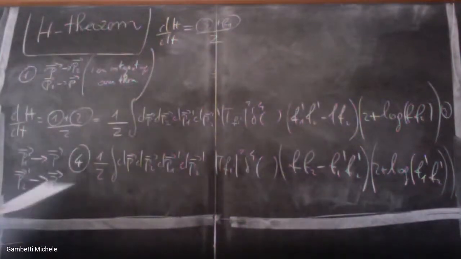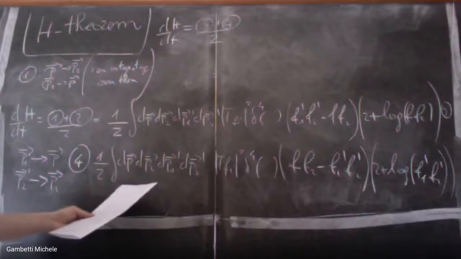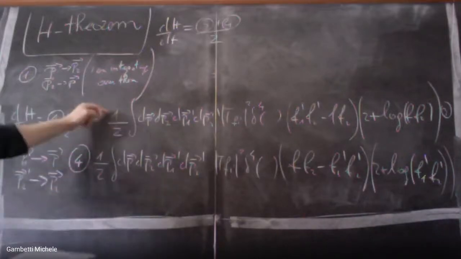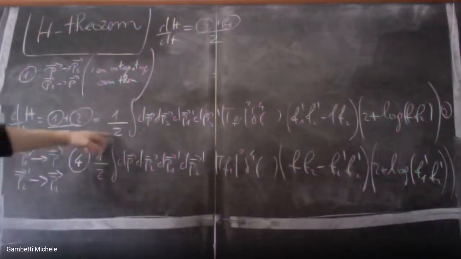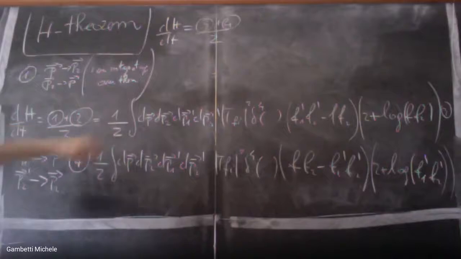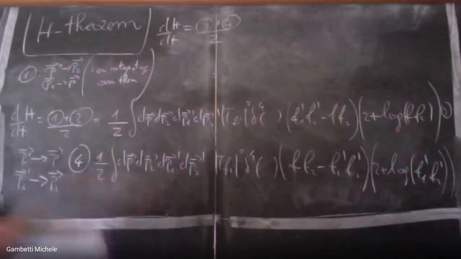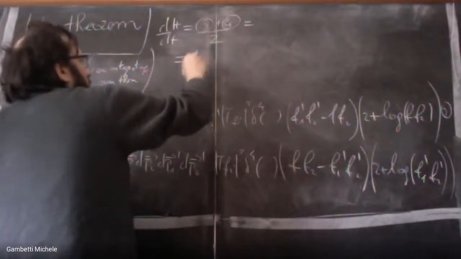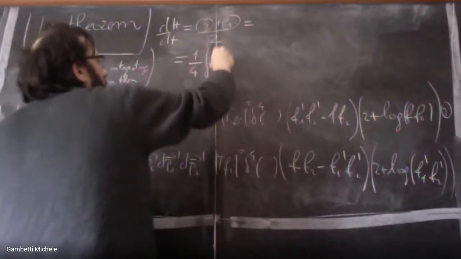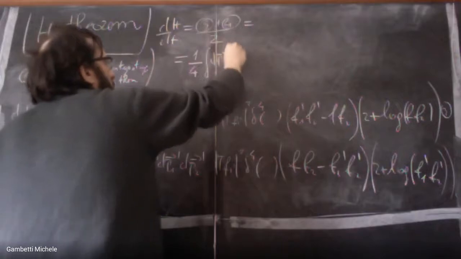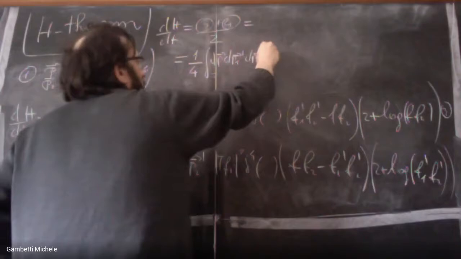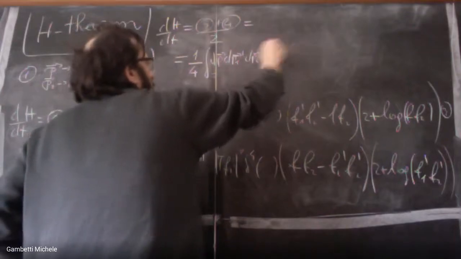And if I do this, what do I get? 3 plus 4, I have it there, so it's 1/2 and 1/2. I can collect this 1/2 and then factor 1 divided by 4. Then I have this integral, d1 prime, dp2, dp2 prime.